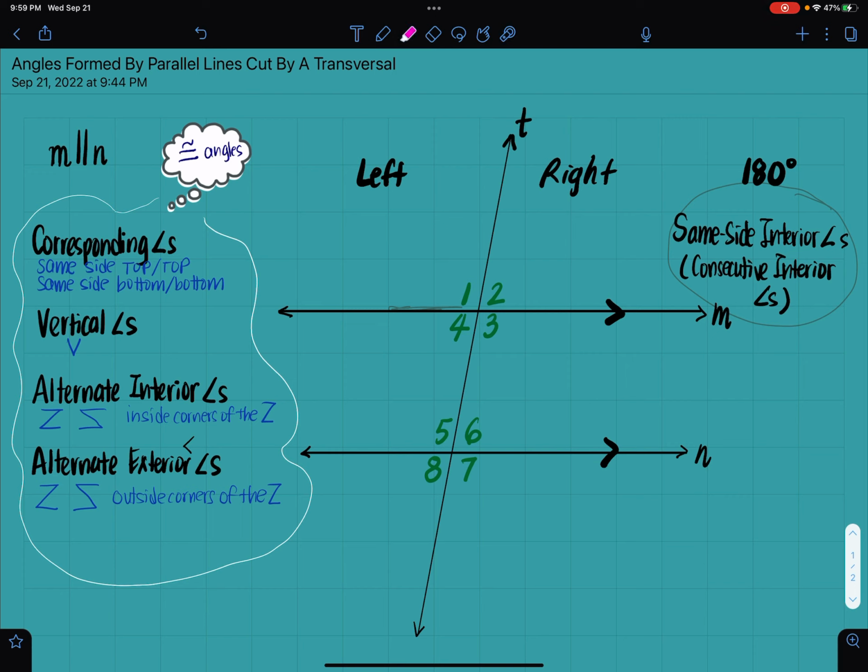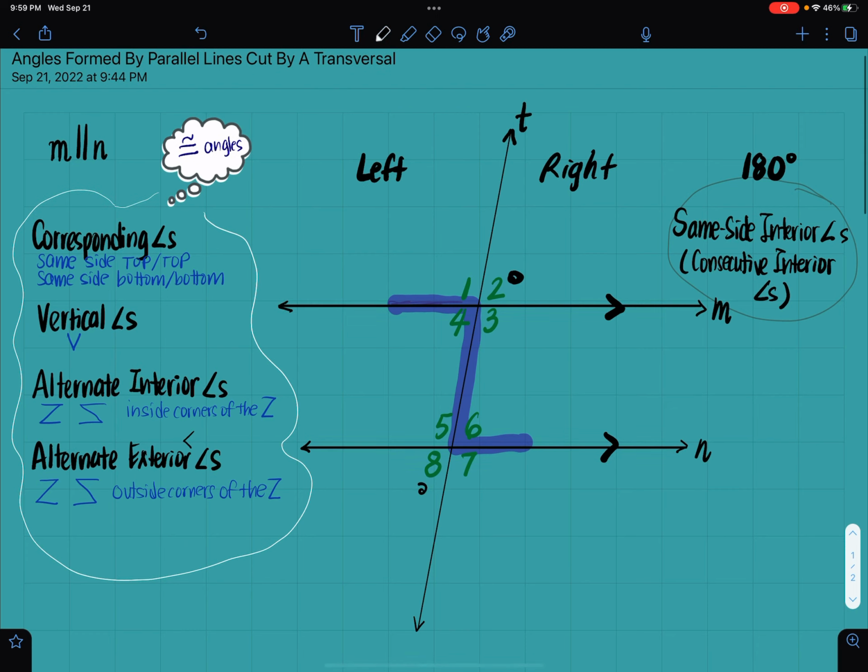Now let's go back and look at the forward Z. So if we drew this forward Z, before we said angle 4 was inside. And so when you look directly across or opposite that angle, angle 2 is outside the corner of this Z. Likewise, if you look over here, this is the inside, and when you look opposite, this is the outside.